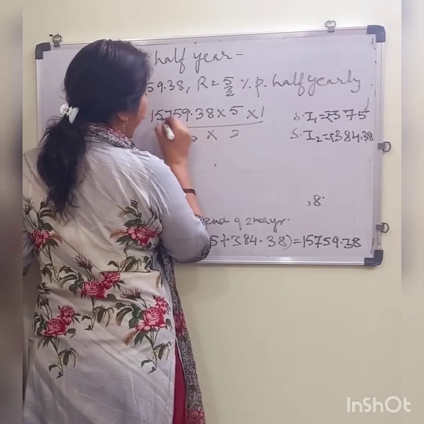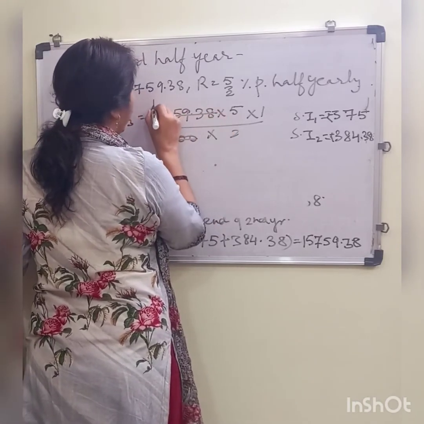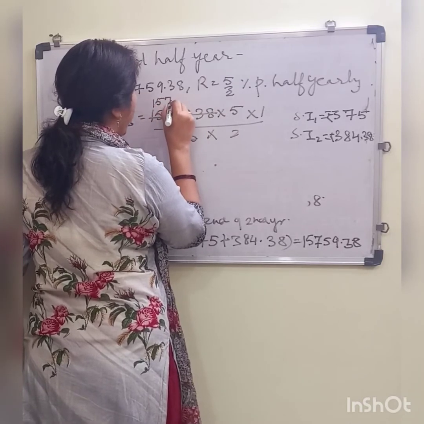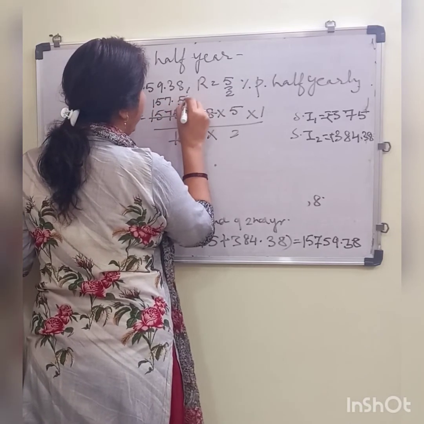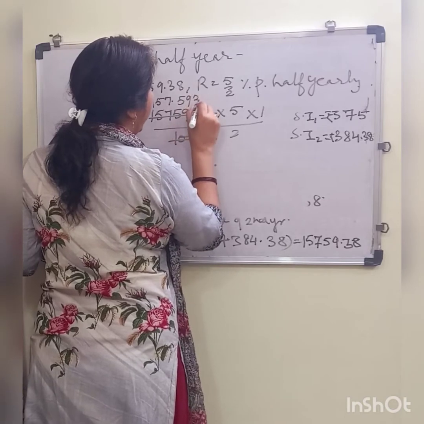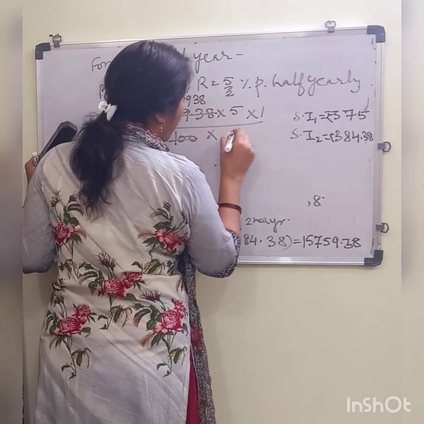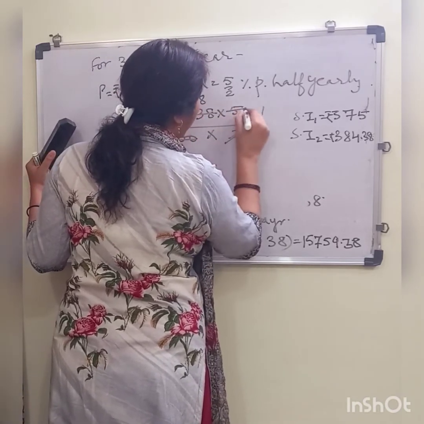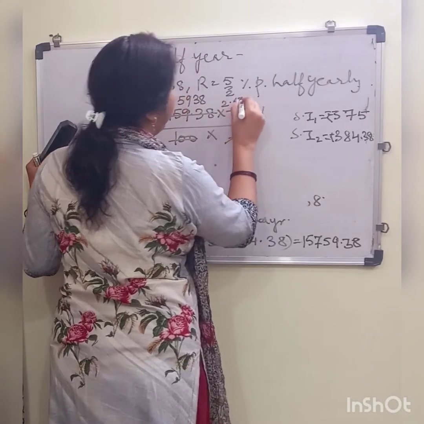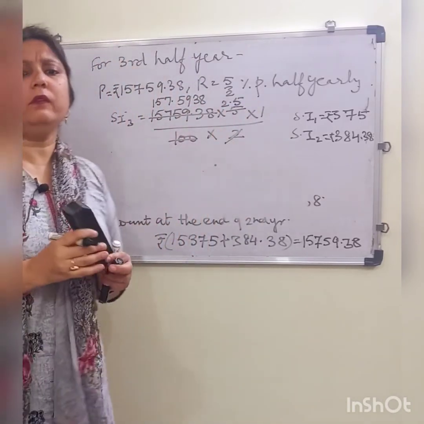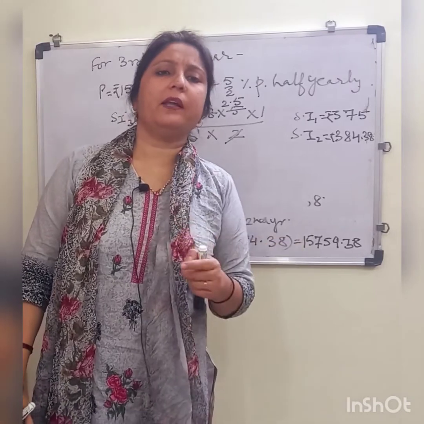Again, directly by 100 you simplify this part. It becomes 157.5938 and by 2 it is 2.5.